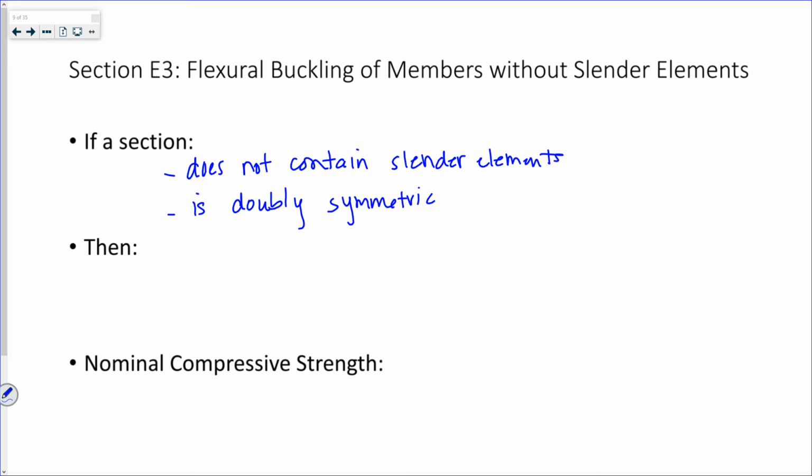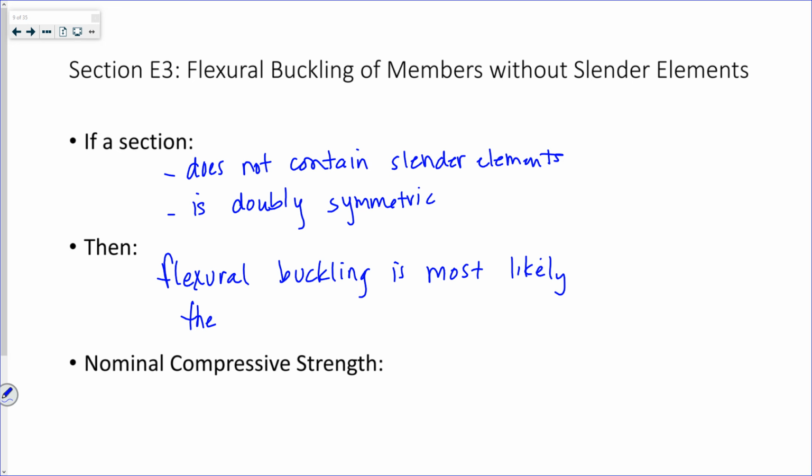So if a section does not contain slender elements and is doubly symmetric, then flexural buckling, such as the type determined in this section, is most likely the potential failure mode.